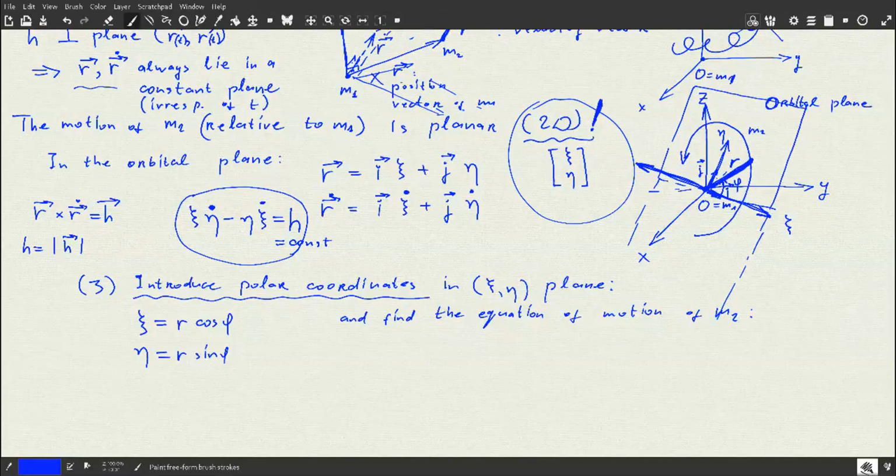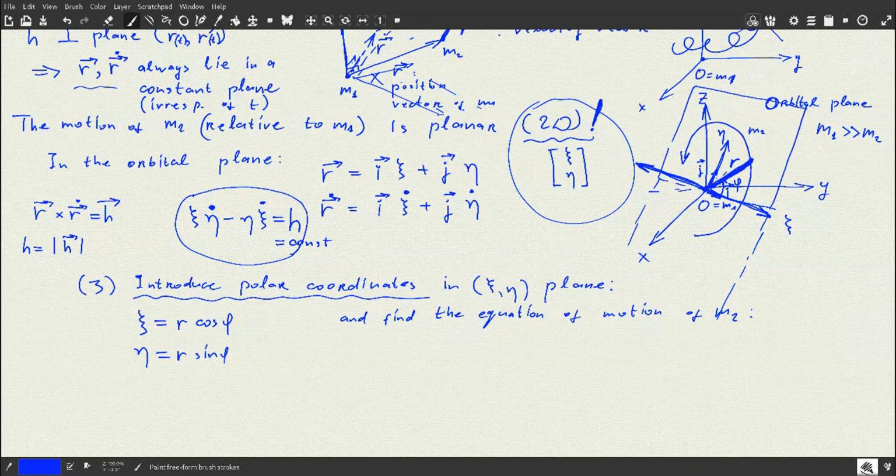And then yes, if, for example, M1 is significantly greater than M2, then if we have time, we may do it, going back into the inertial system, we would see that M1 almost doesn't move in the inertial system.